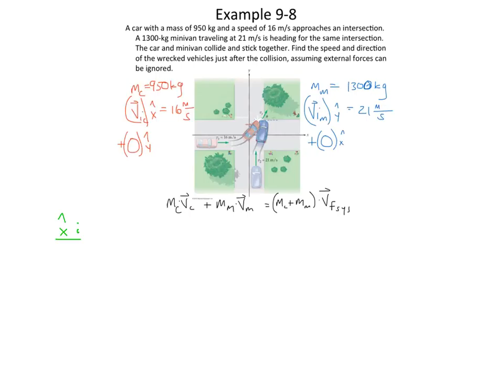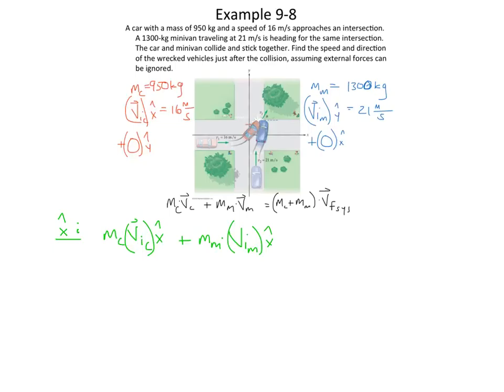So we've got our initial momentum of the car, the red one. So it's mass of the car times initial velocity of the car, x hat, right? Plus mass of the minivan times initial velocity of the minivan, x hat.